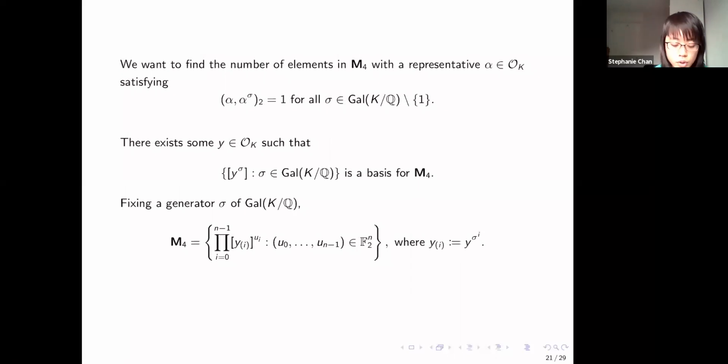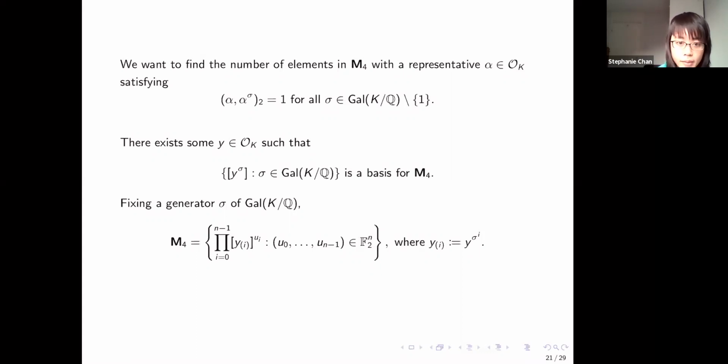So to do that, under our assumptions, we can find a normal basis for M4. So we find an element y, and the set of y sigmas would be a basis of M4.